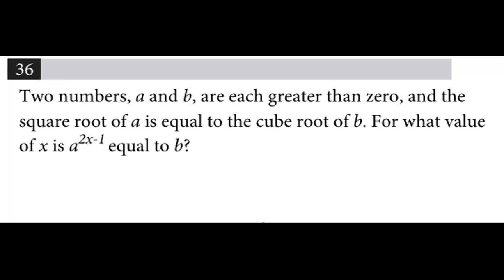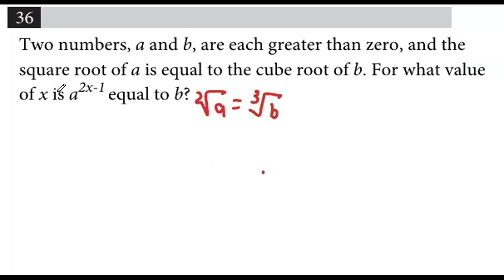Okay, so for question 36, we're given the square root of a, so root a, is equal to the cube root of b. So square root is just an implied 2 here. And we're given an equation in the form a to the power of some value.